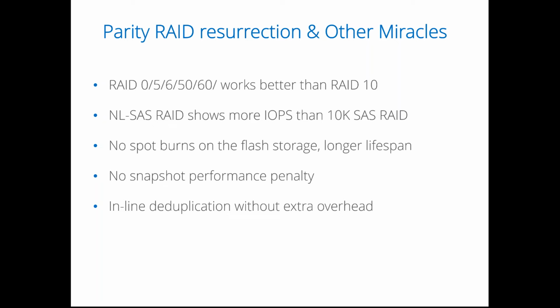So inline dedup with no disk effect and no performance impact is also part of the log structured file system. So essentially this is the way StarWind is able to achieve excellent performance without all flash storage underneath.